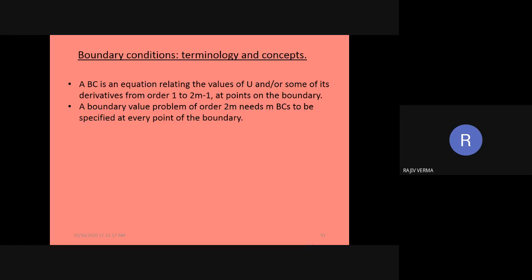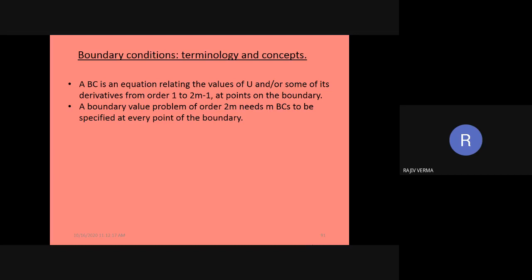A boundary value problem of order twice m needs m boundary conditions to be specified at every point of the boundary.